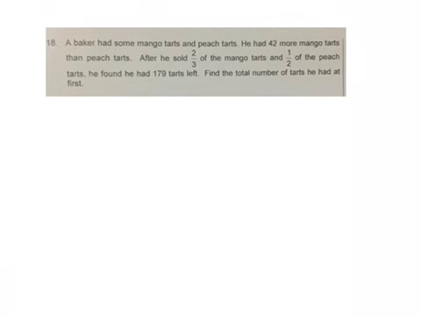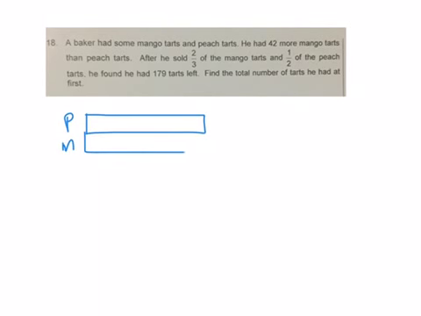So now a baker had mango tarts and peach tarts. He had 42 mango tarts more than peach tarts. So if this is the peach tarts, it will be this number. And then the mango tarts will be the same number plus 42, right?